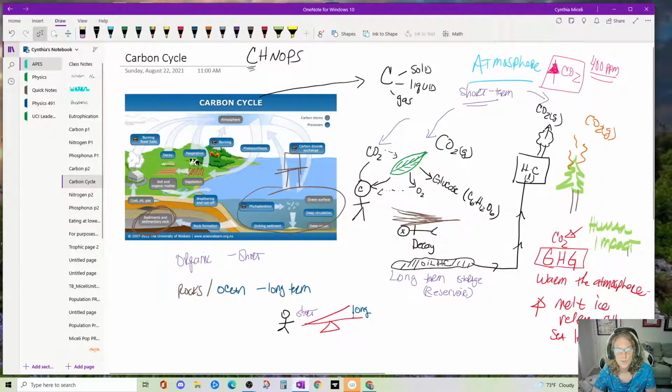So, bottom line, remember that there's a short-term cycle of carbon and the long-term. So there's these reservoirs where carbon is stored. Living things, short-term. Atmosphere is supposed to be short-term. Long storage is inside rocks and sediment in the oceans.